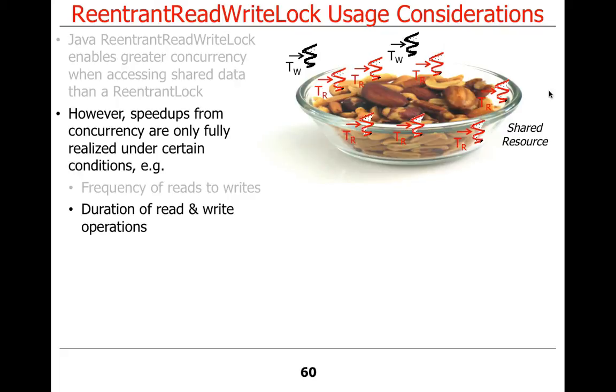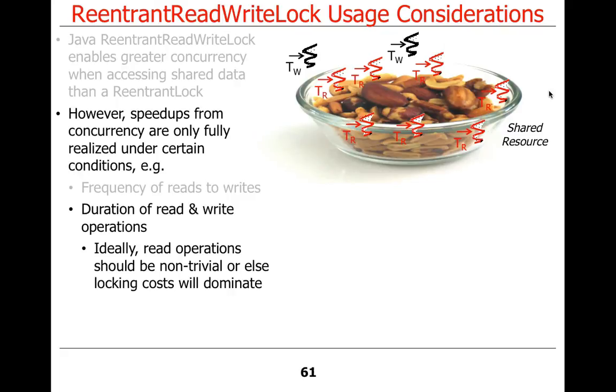Another issue is the duration of read and write operations. If your read operations are very, very short, if you acquire a lock and you read for a nanosecond and then you release the lock, that's probably not going to give you much of a win, because the locking overhead itself will be more expensive than the amount of things that you're actually protecting during the read.